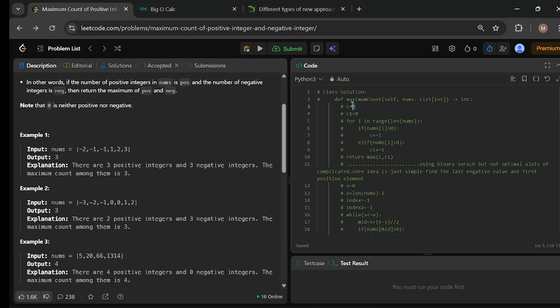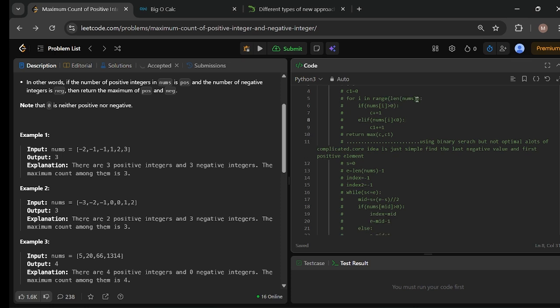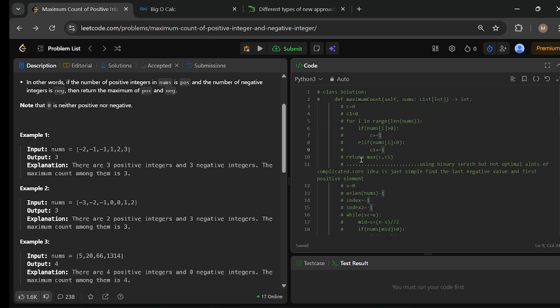Initially, C0 is the positive count and C1 is the negative count, and I iterate from 0 to len of nums. Len of nums means the length of the array. If nums[i] is greater than 0, C0++, elif it is a negative number, C1++. Then I will return the maximum of the positive count and the negative count. And this is how we will solve the brute force approach.